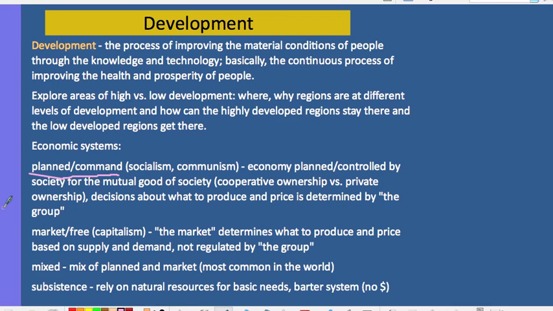A market or free economic system, often referred to as capitalism, is where the market determines what to produce, and the price is based on the supply and demand of the market. This is not regulated by, quote, the group, which is maybe society or government.